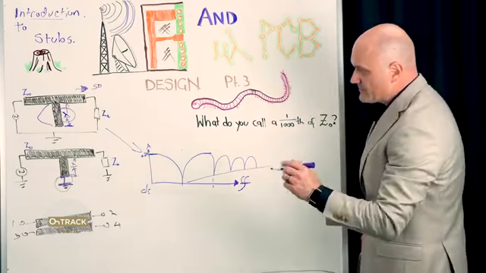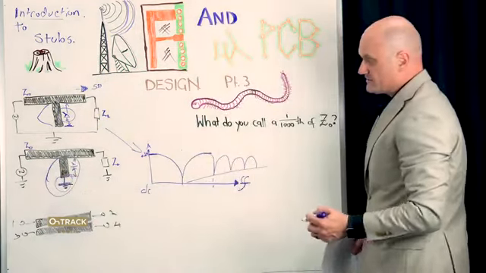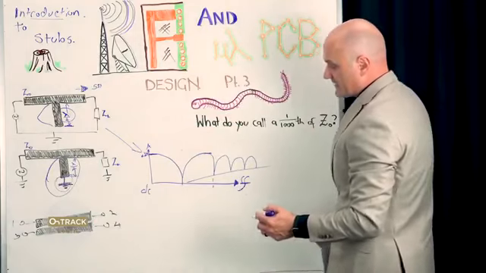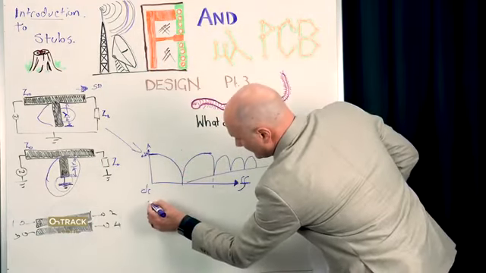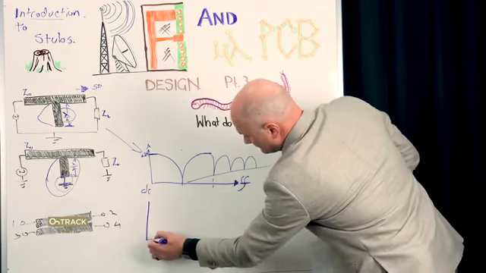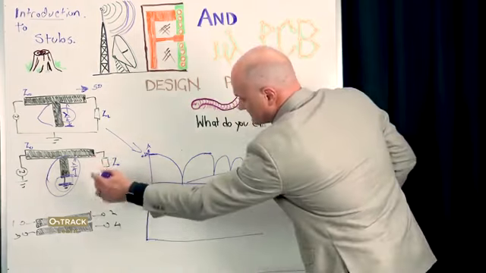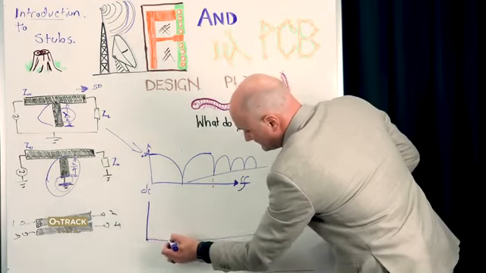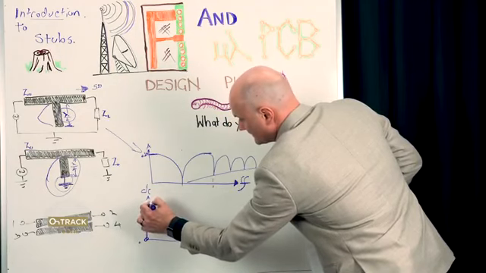Okay, and the same thing happens with quarter wave stubs that are terminated in a short, except that those are the opposite. So here at DC, it's going to be just a dead short. So at DC we're starting at 0. Here's our amplitude.